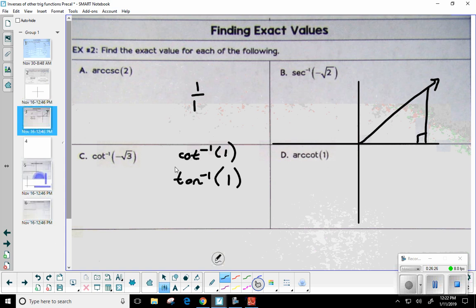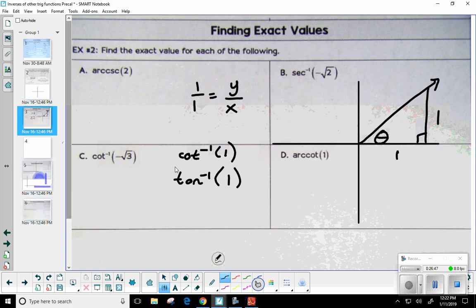And we said that cosine was x over r, sine was y over r, tangent is y over x. So this is what I'm looking for right here. The opposite, the y, is 1. The x, that horizontal, is 1.